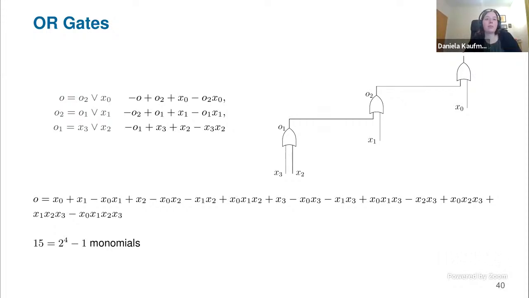Massimo is writing, this is essentially like writing the OR as the negated AND of negations. Yes. So the fast answer is yes, but I need to think about it a little bit more. But let me continue here.